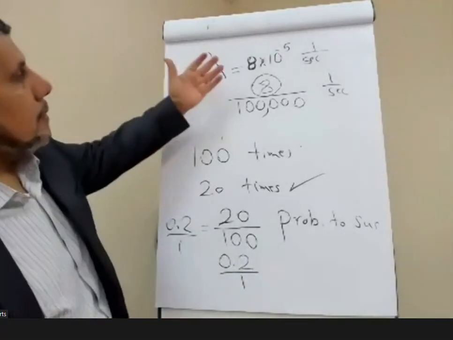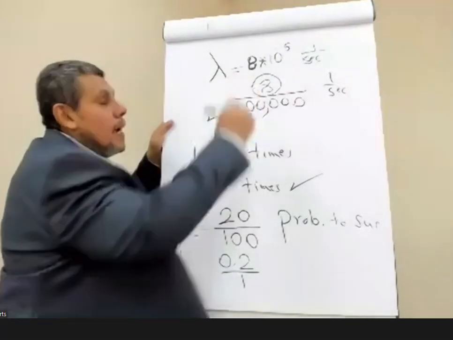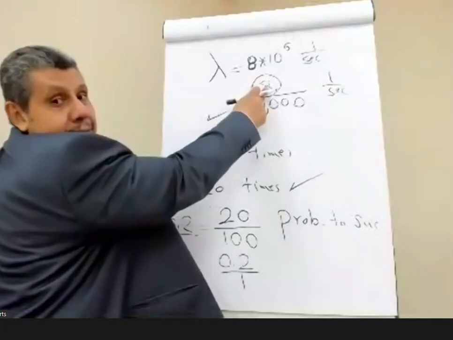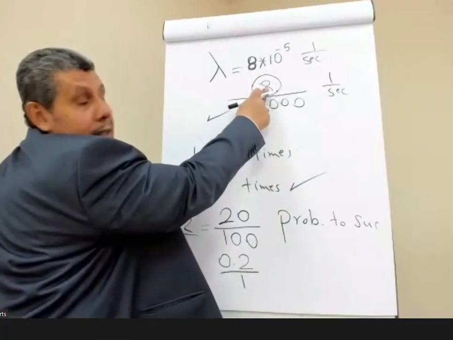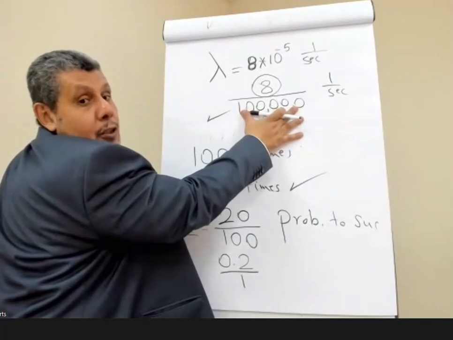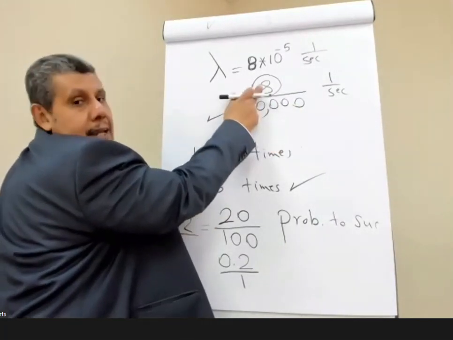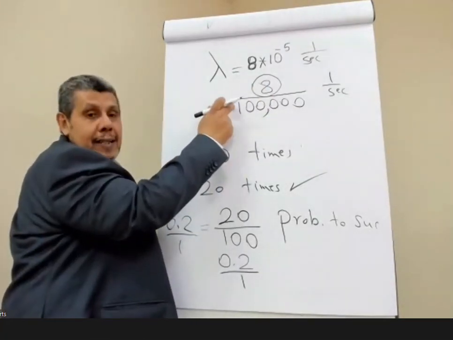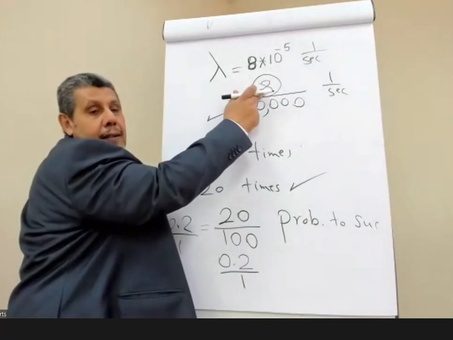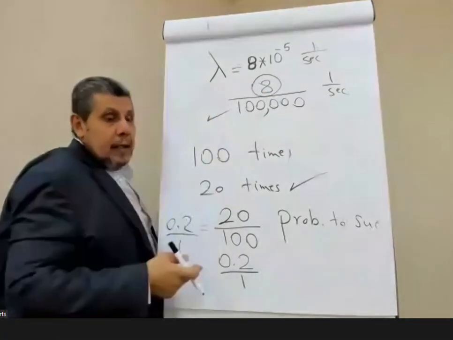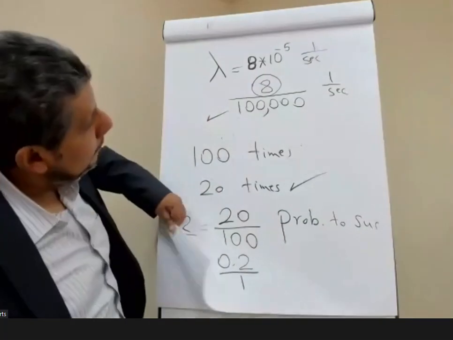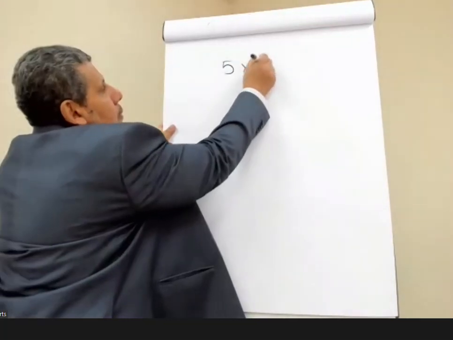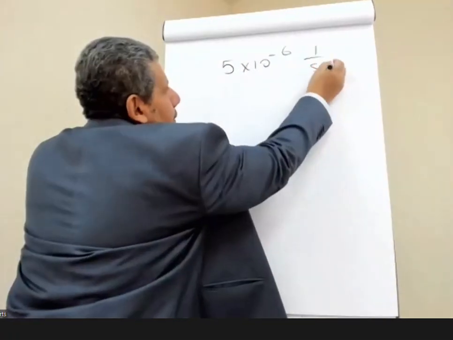The same situation here. This is the number of trials, the atoms trying to decay during 1 second. Only 8 succeed. This is the probability of decay. Assume this number is 5 times 10 to the power minus 6, 1/second.